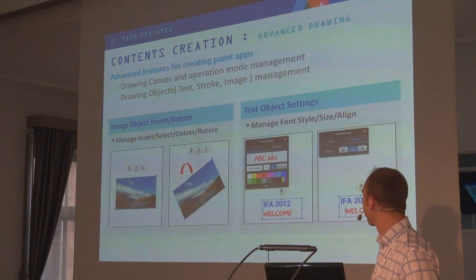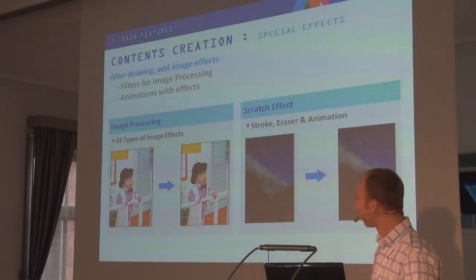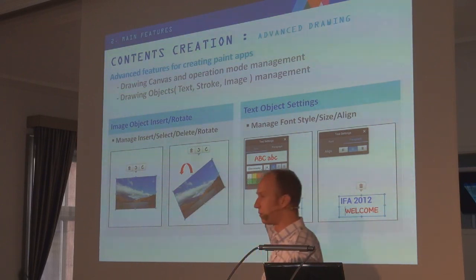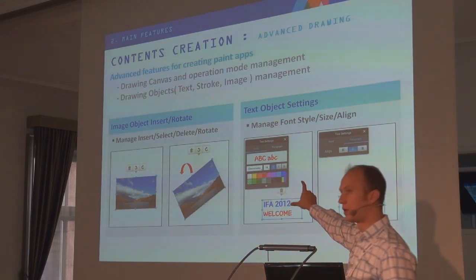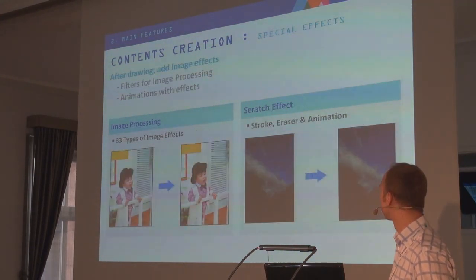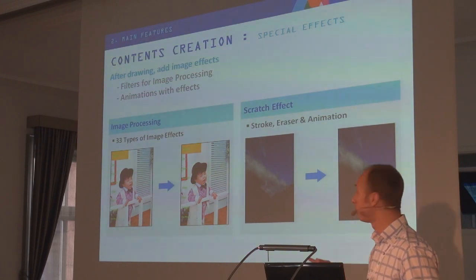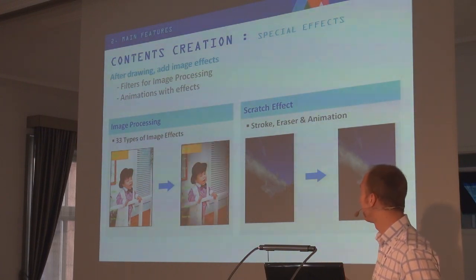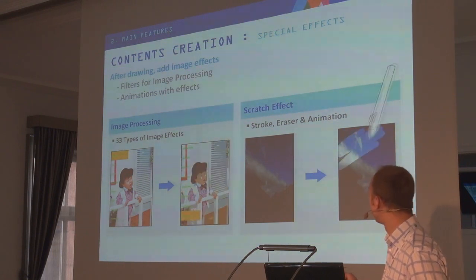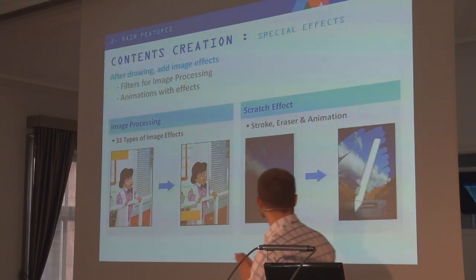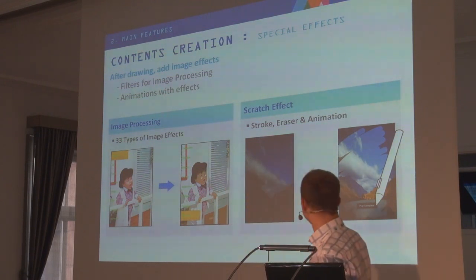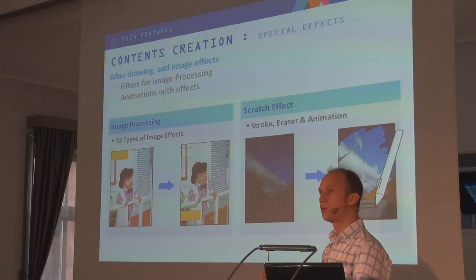As I said, you can of course add a picture and also a text view, and it's already provided with this menu so that you can edit the text. There are already 33 filters implemented for the image, and you can also put another layer on the screen, so it can behave like a scratch card.